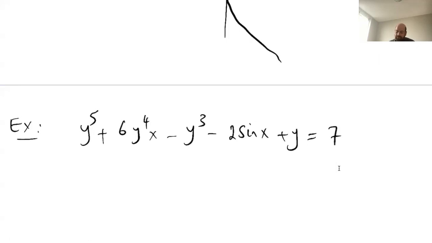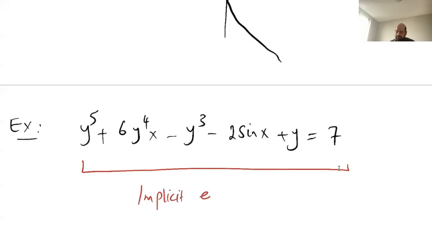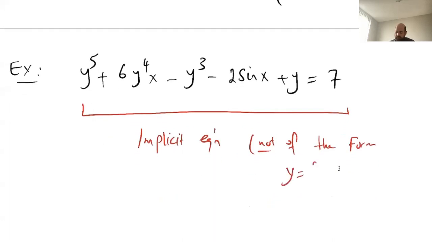Is this an explicit equation, or is it an implicit equation? This is an implicit equation, because again, it's not of the form y equals f of x.